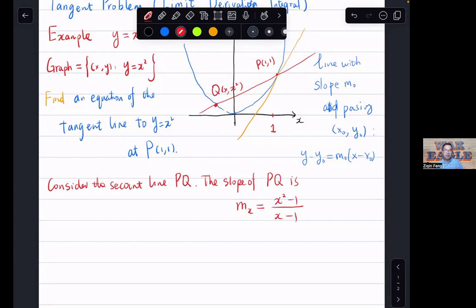If you consider PQ, you can move your Q to P, right?